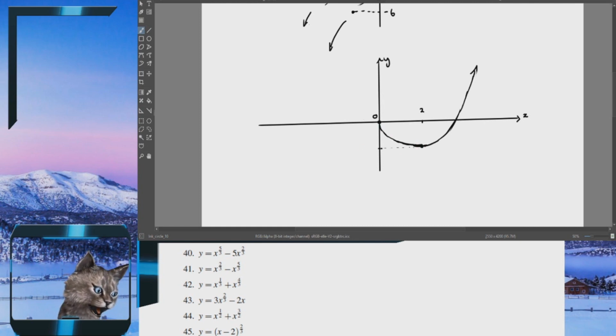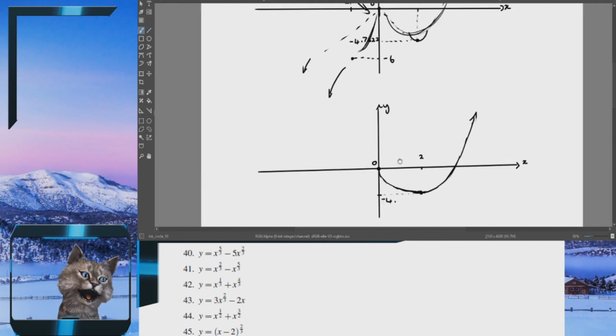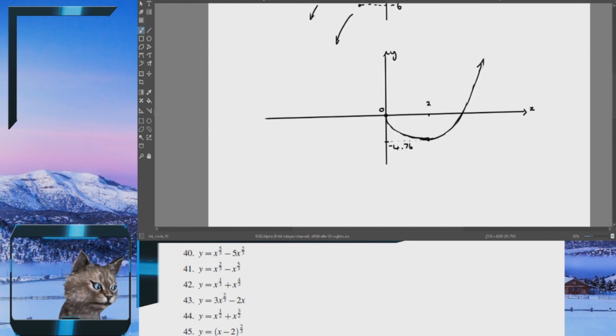Now I know this is sitting here at negative 4.7622. And I'm going to go vertical tangent, bending up. I'm just going to exaggerate this a little bit so you can see. Come on, not straight. So you can see the bending occurring here at negative 6.